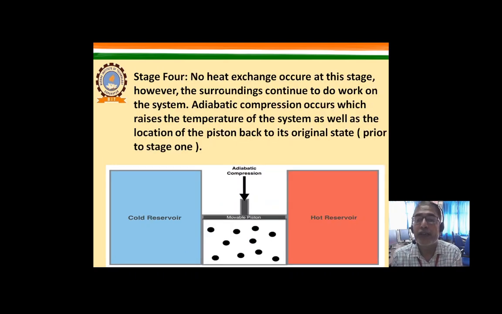In the last stage, the fourth one, no heat exchange occurs at this stage. However, the surrounding continues to do work on the system. Adiabatic compression occurs, which raises the temperature of the system as well as the location of the piston back to its original state, that is, prior to the first stage.